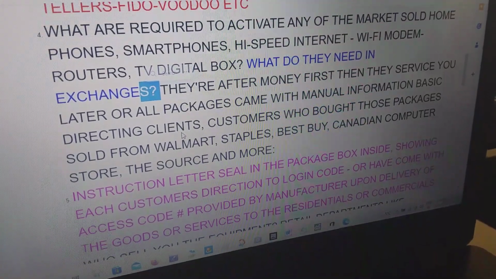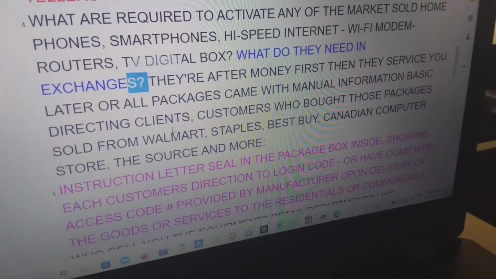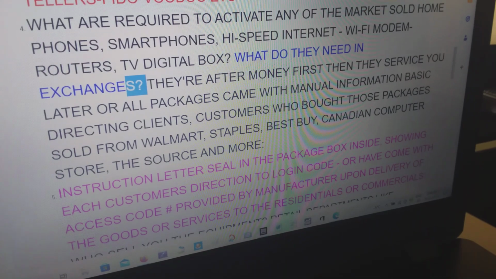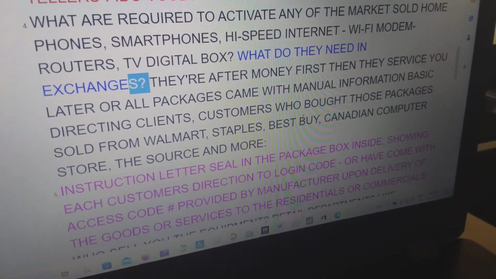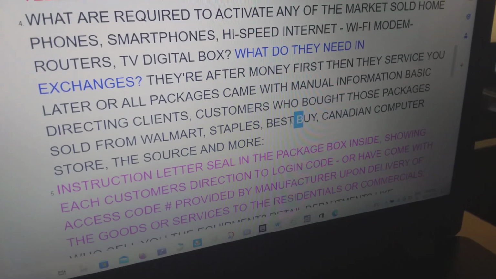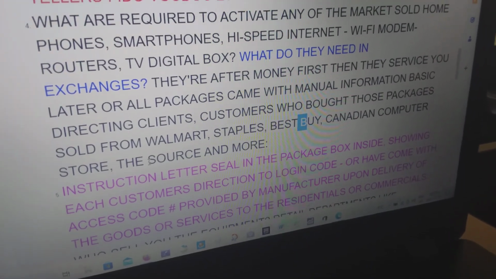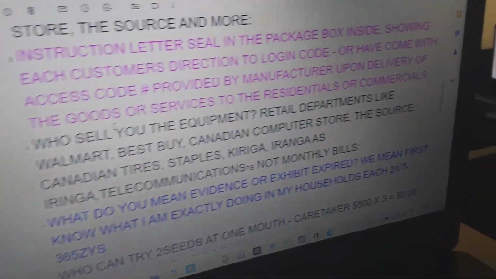Or all packages come with manual information, the basic directions for clients and customers, and then who bought these packages, sold from Walmart, Staples, Best Buy, Canadian computers stores, and more.